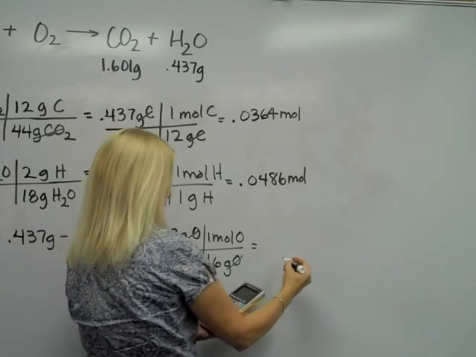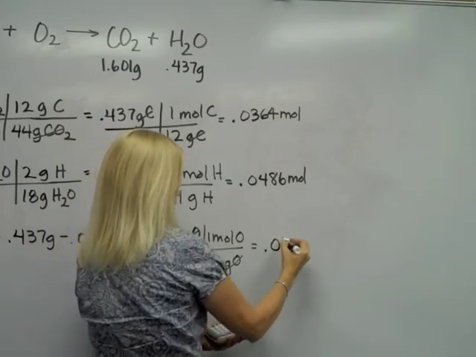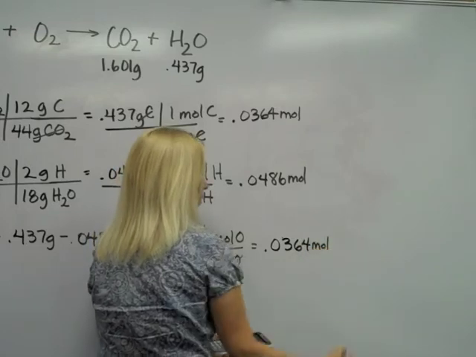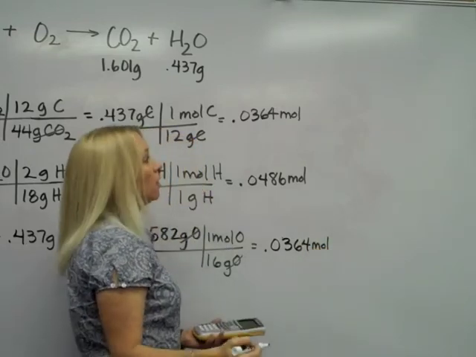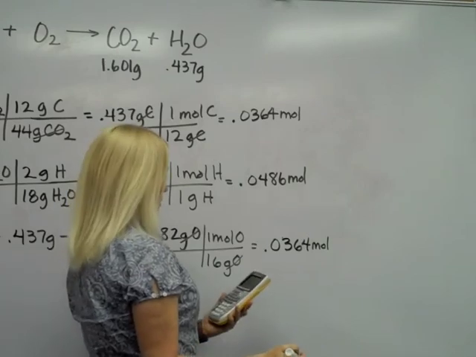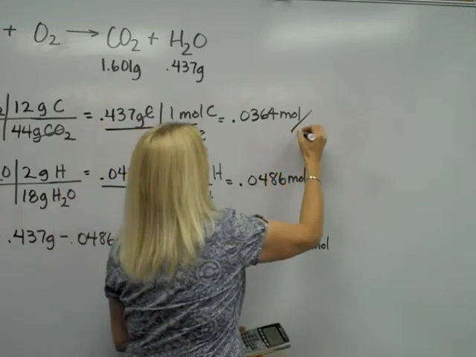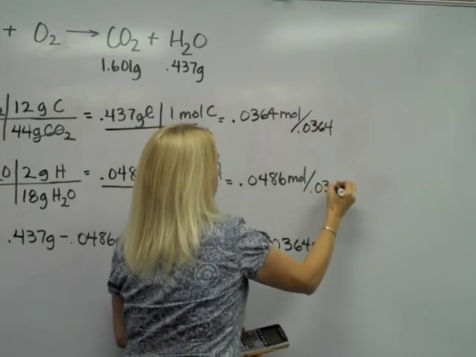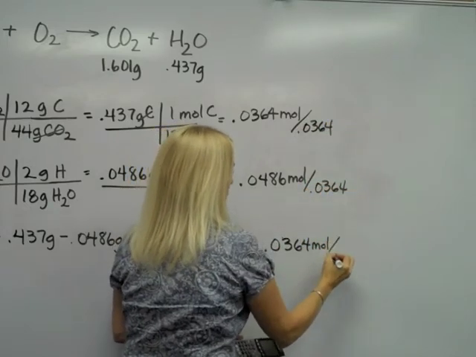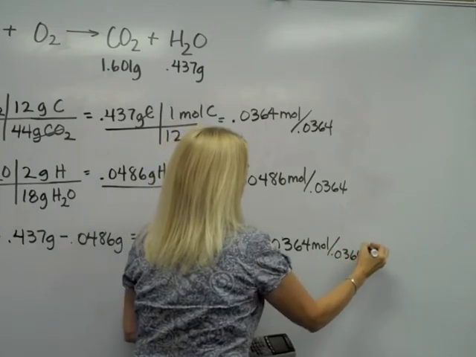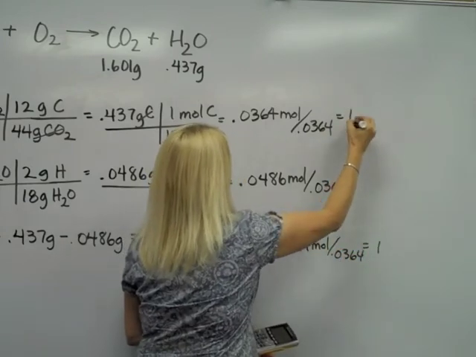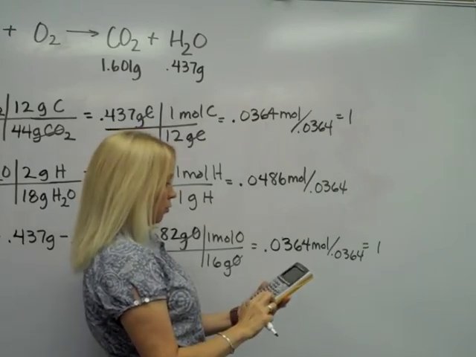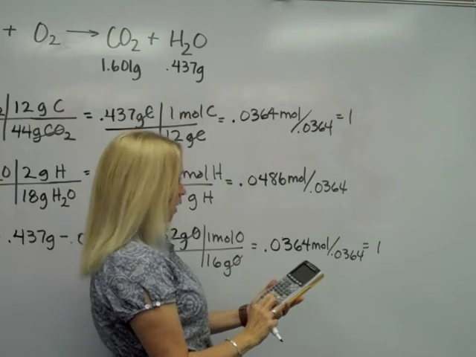You guys are going to be as fast as I am doing this. What's the next step? Divide by smallest. Hey, that's convenient. Don't overround. Remember, that's where you get in trouble, because you can't see what the ratio is.